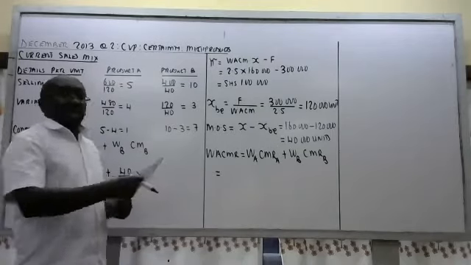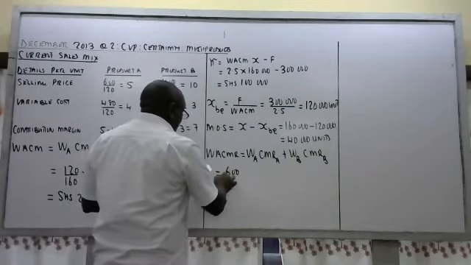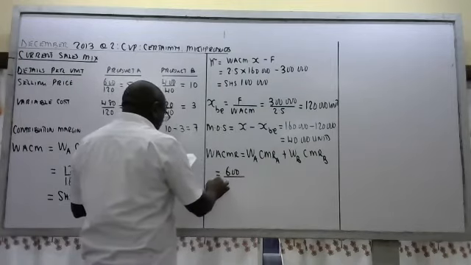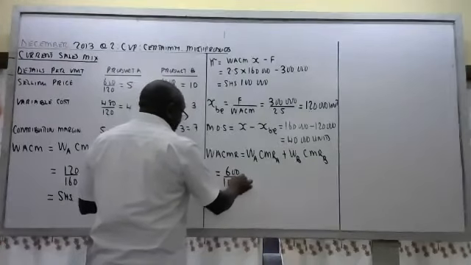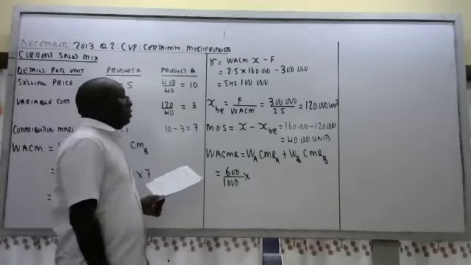You can see the revenue is 600 out of a total of 1,000, times contribution margin ratio.